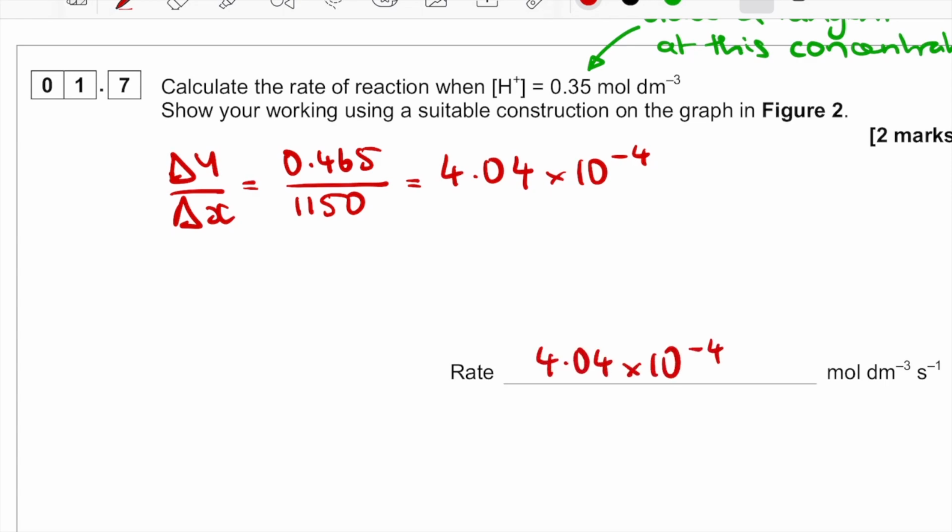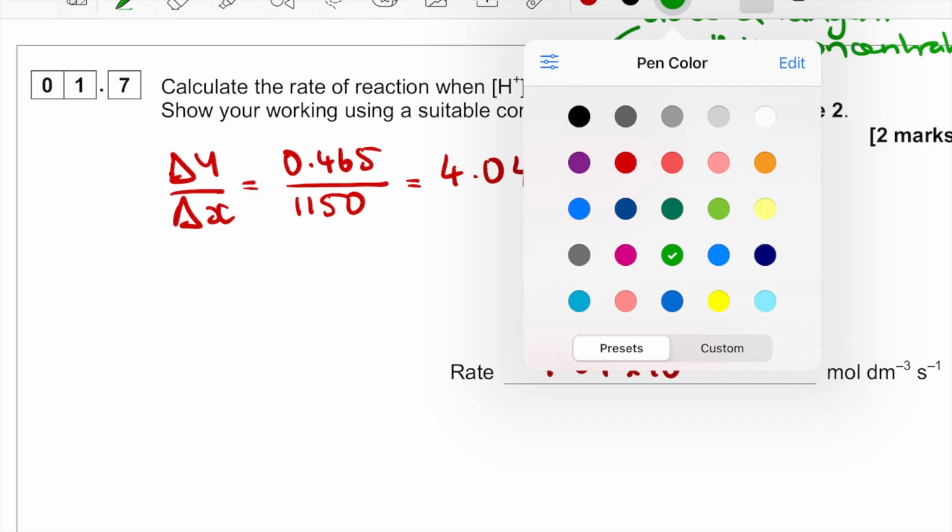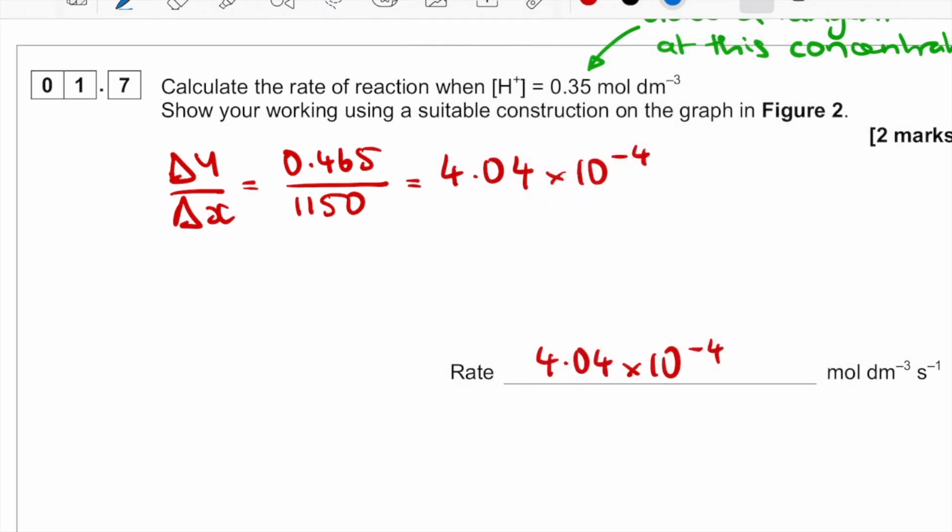Now, especially on something like this, we can draw our tangents slightly differently and still feel that they are a fair tangent, that they are really trying to touch the line at that one point. So in questions like this, where you're having to work a gradient out based on a tangent that you've drawn, the answer will be a range, and as long as your answer is within that range, then you're okay.